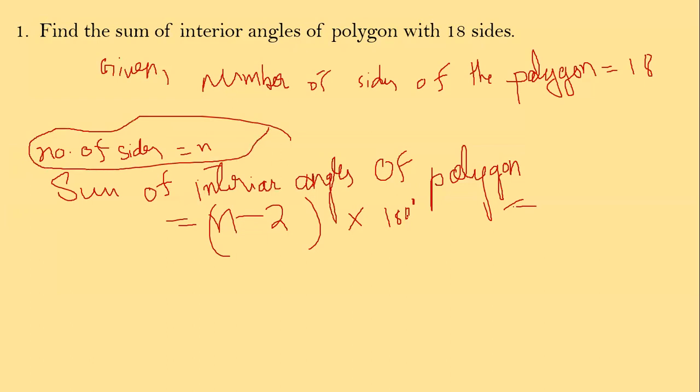Now, if the sum is n minus 2 into 180 degrees, and n is 18, we can write 18 minus 2 into 180 degrees.